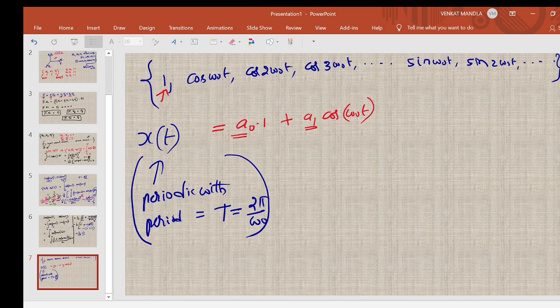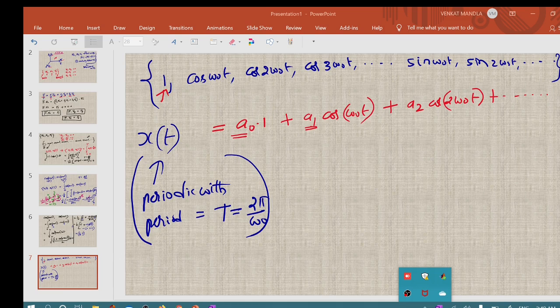Similarly, a0 is the coefficient in the direction of 1. A1 is the coefficient in the direction of cos omega naught t. Similarly, a2 cos 2 omega naught t, plus and so on, plus b1 sin omega naught t plus b2 sin 2 omega naught t, plus and so on. These are infinite summations, not just finite summations.